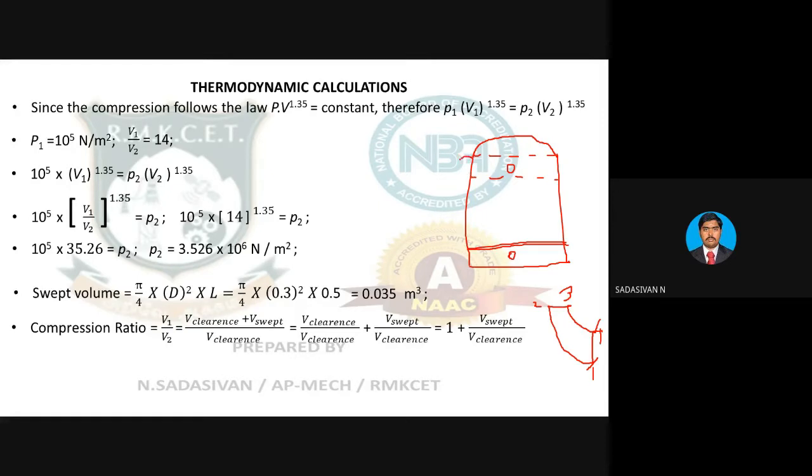Now I know that this much of volume is called swept volume, and this portion above the piston, after reaching the top dead center, this shaded portion, is called clearance volume. Okay, so therefore volume 1 at the beginning of the stroke is clearance volume plus swept volume. Clearance volume plus swept volume is nothing but the volume available at the beginning of the stroke, V1.